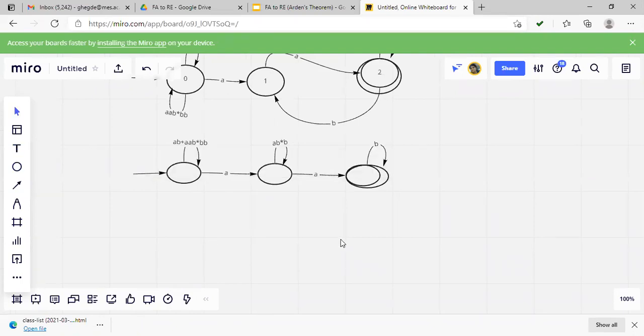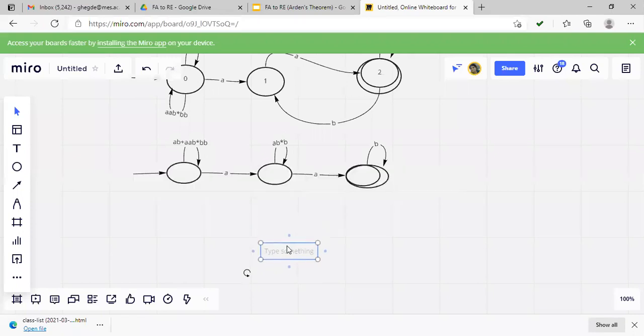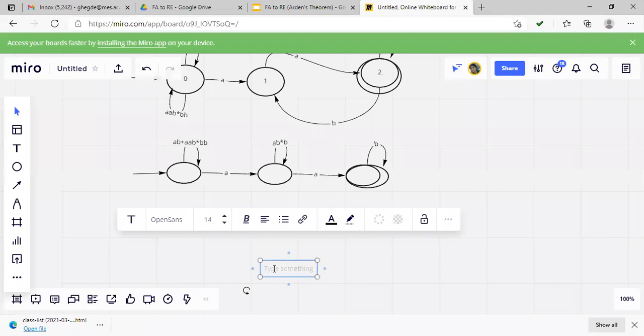What is RE for this finite automata? Quickly. No answers. Why? Rushikesh has given the answer.